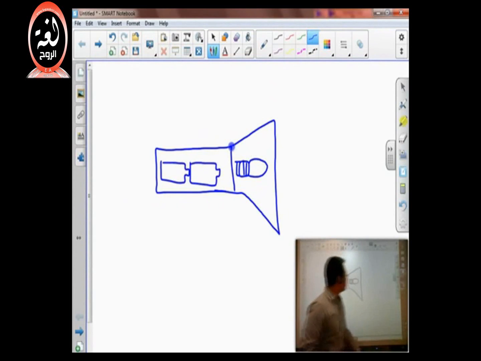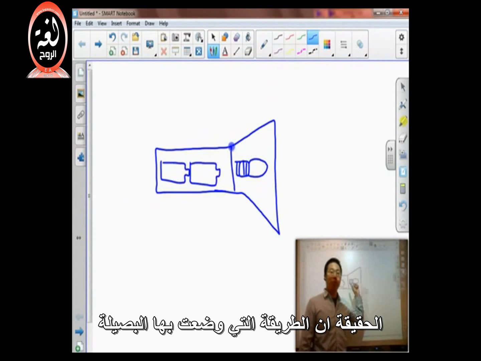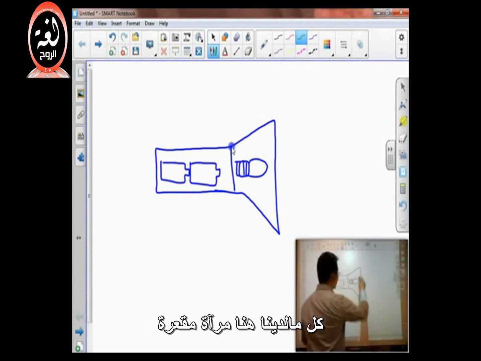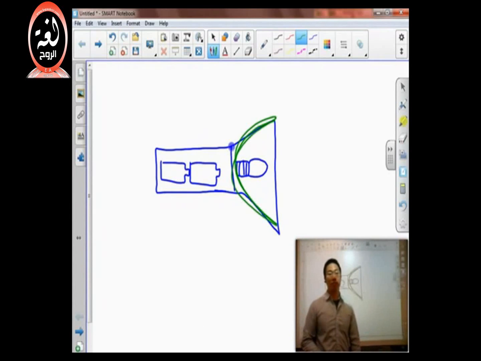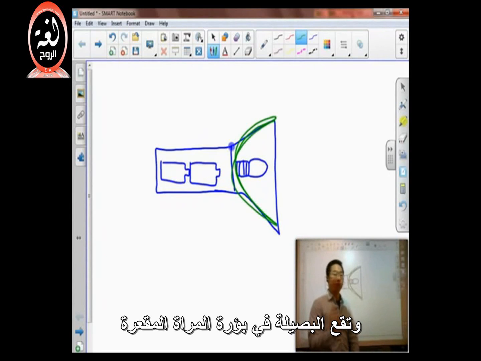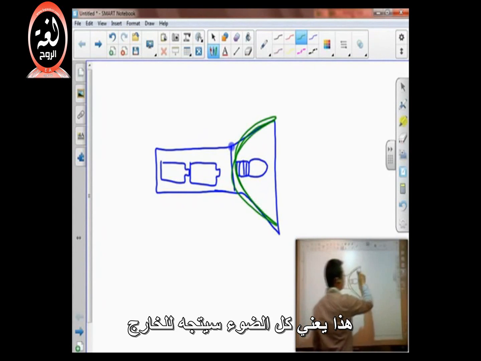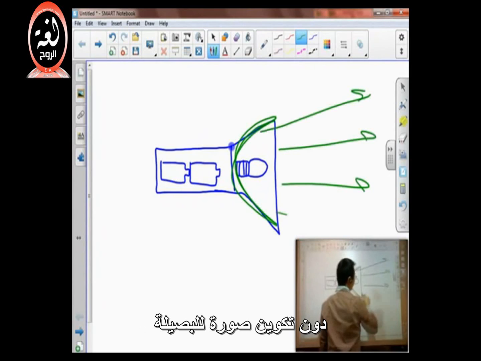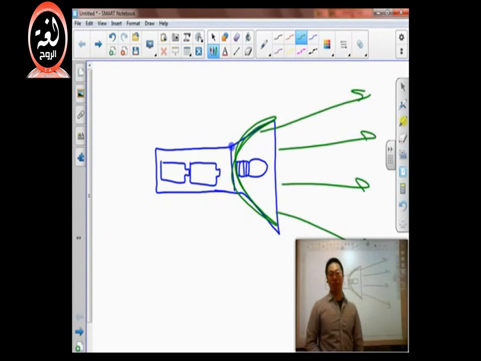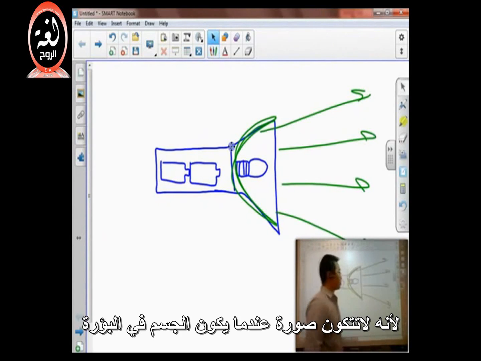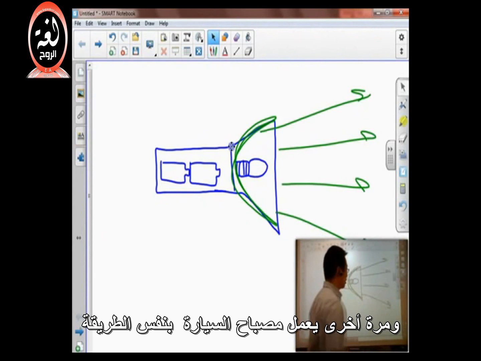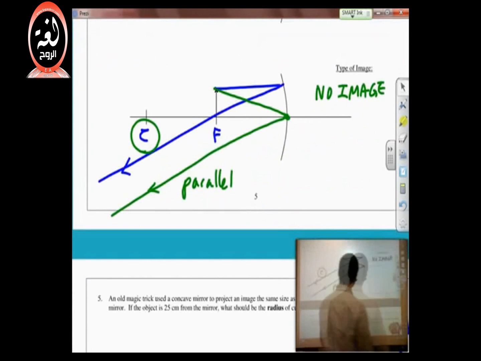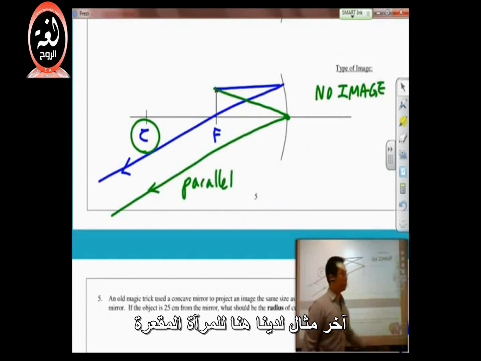The fact is, the way this bulb is set up, all we have over here is a concave mirror. And the bulb is actually placed at the focal point of that concave mirror. So that means all the light that goes out gets generated out without ever creating an image of the bulb. Because no image will be created when the object is placed on the focal point. And again, car headlights work the exact same way. So, no image.